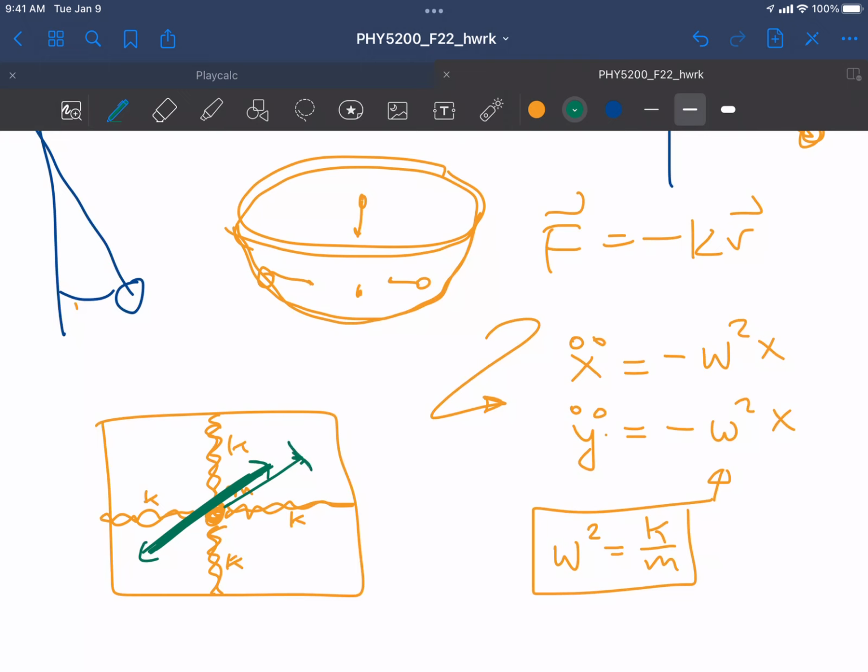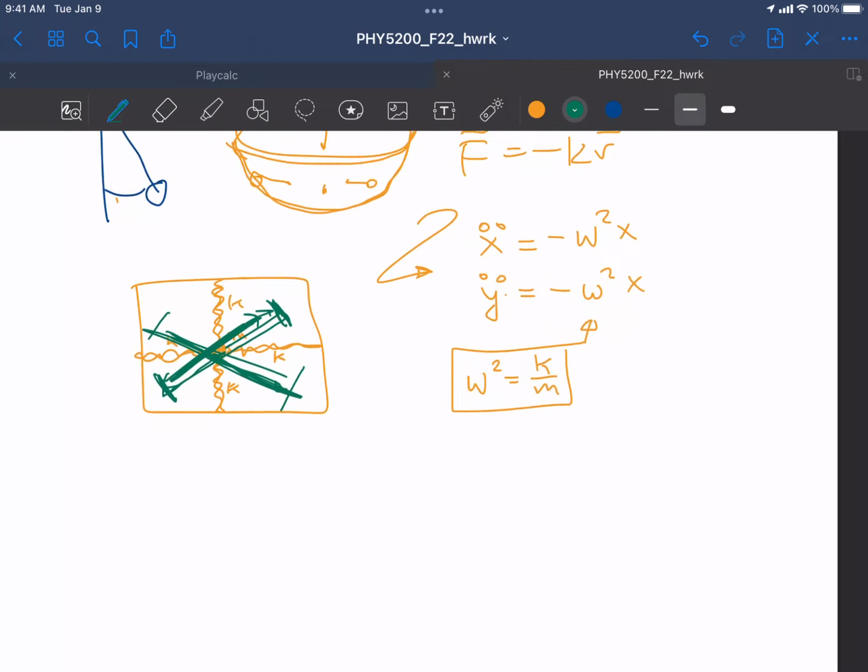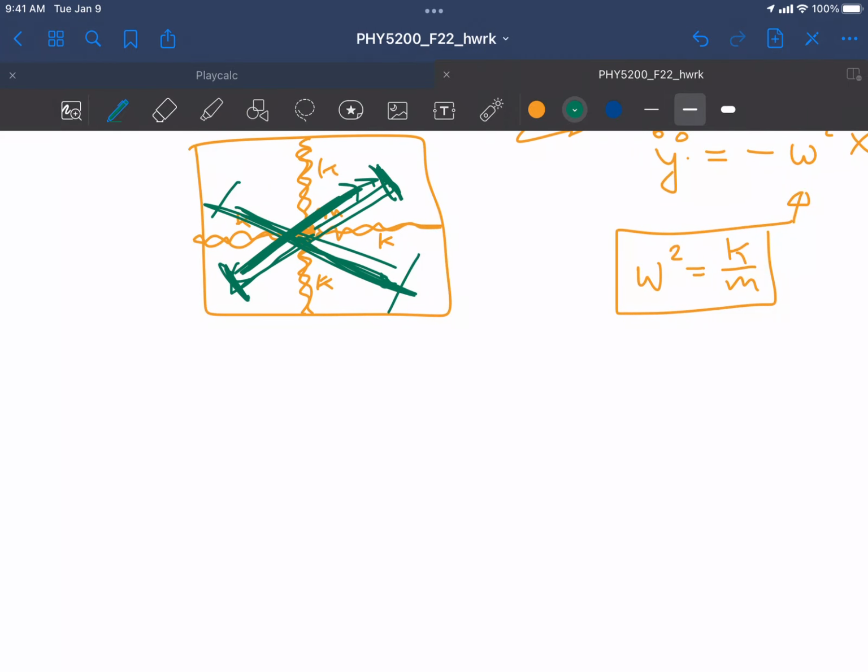And if I displace it with that amplitude, it's going to oscillate back and forth in that amplitude. And if I displaced it this way, it'll oscillate back and forth this way with some amplitude. All right, we already know what the solutions of this are.